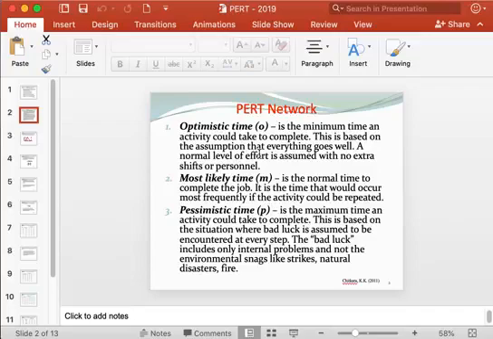To talk about the three time estimates in a little detail, optimistic time is the maximum time that an activity could take to complete. So optimistic time is that time estimate which you feel that for a given activity, at the most, it will take that much time.